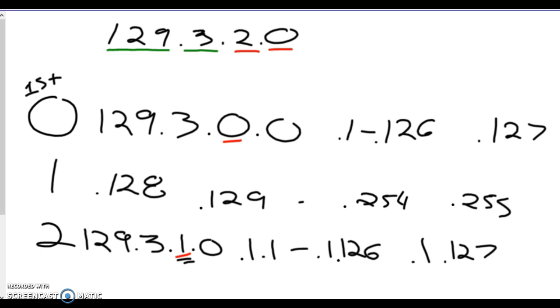So here we have a class B subnetted, and the subnets will continue to go on just until the third octet hits 255, and at the very end 255.255 will be the end.